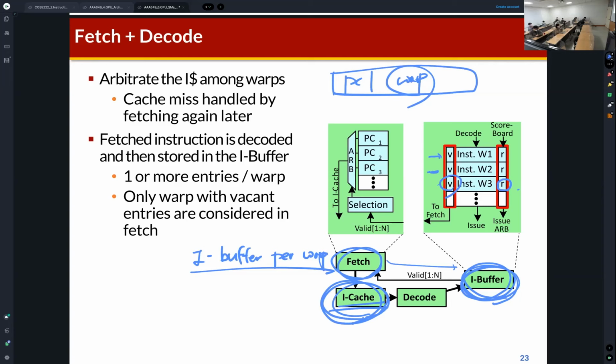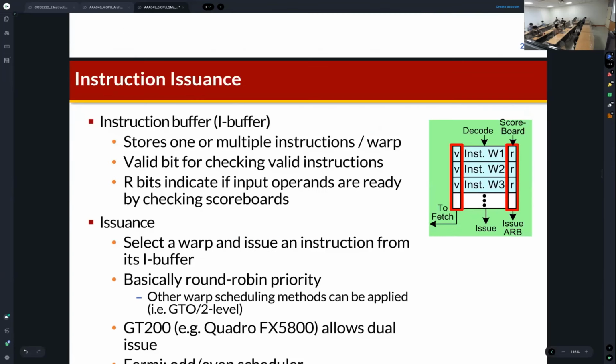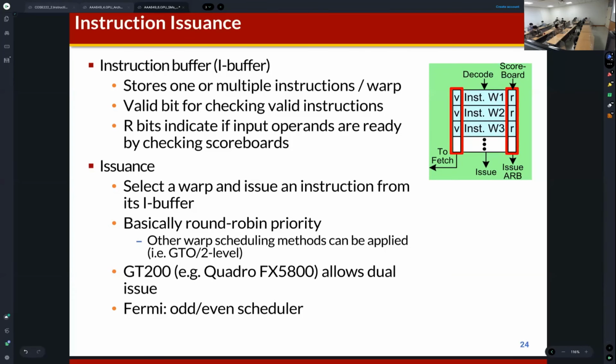When the warp is scheduled, which means the warp is issued to the SIMD backend, the instructions are issued from the instruction buffer of each warp. So I already explained the valid bit and the ready bit of the instruction buffer, and issuance. Actually, I already explained the warp schedulers.